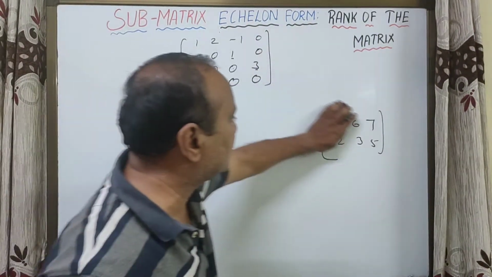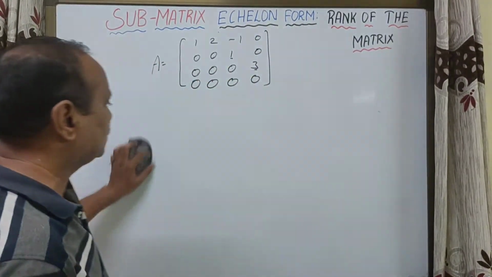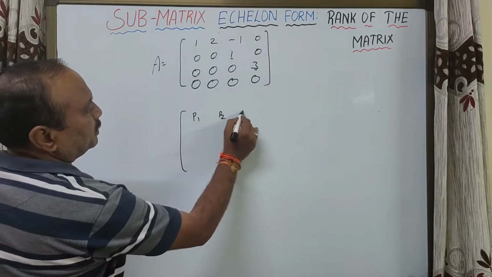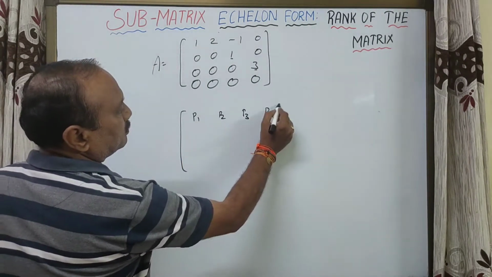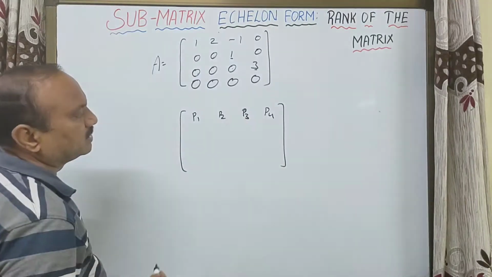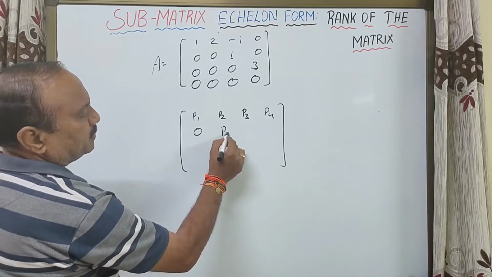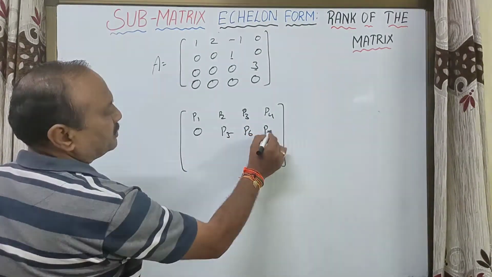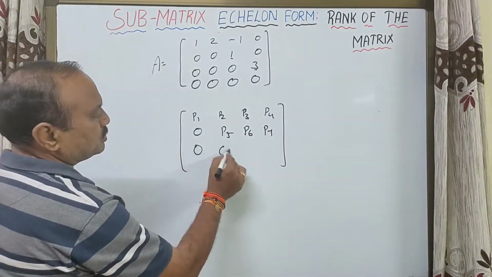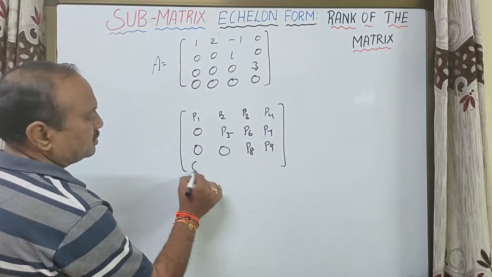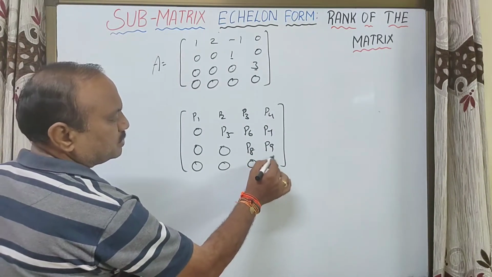We consider the general form of the normal form is like this, students: P1, P2, P3, P4. These are the numbers: 0, P5, P6, P7, 0, 0, P8, P9, 0, 0, 0, 0 or P10.